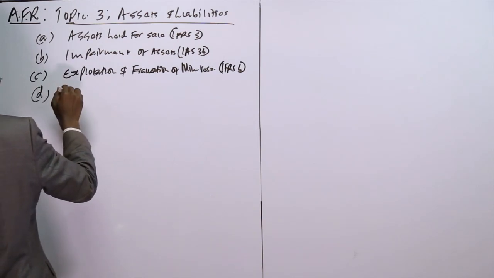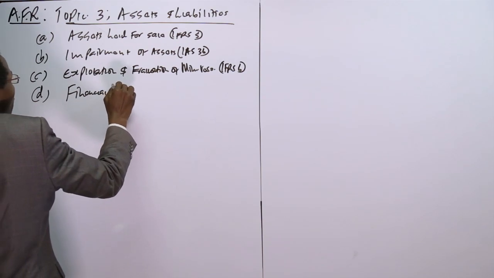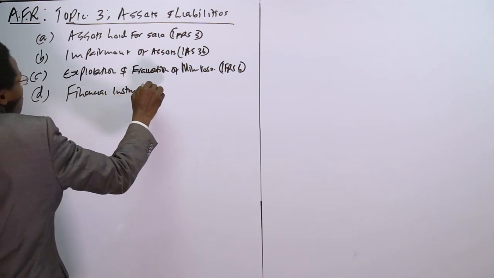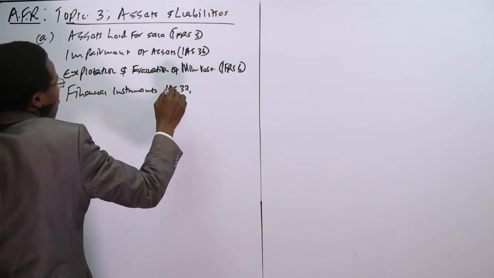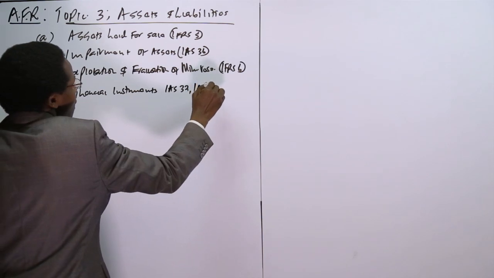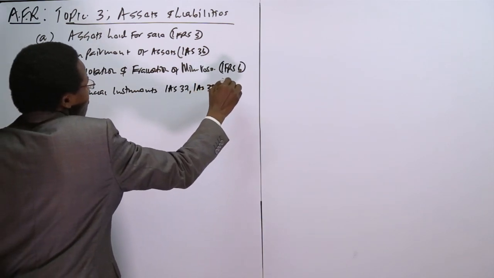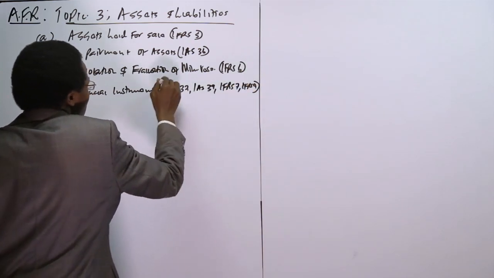Then we have financial instruments. That was IAS 32, IAS 39, IFRS 7, and IFRS 9.